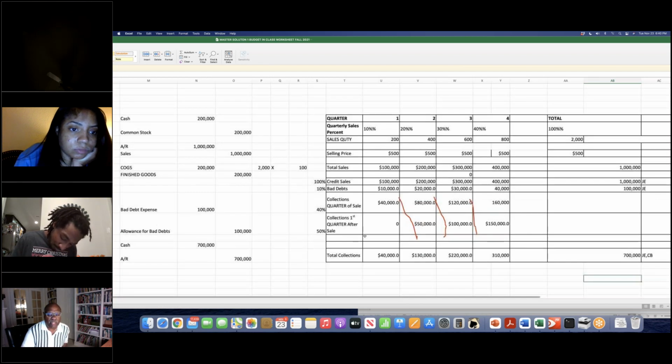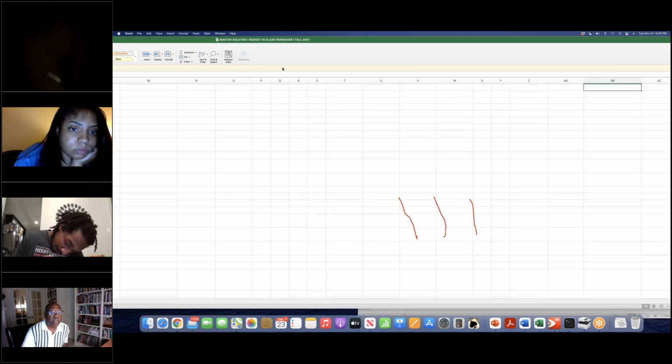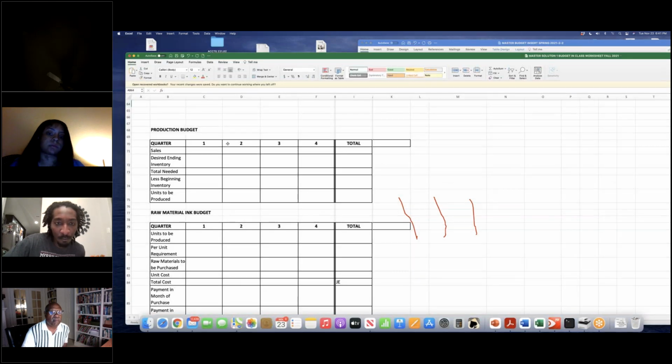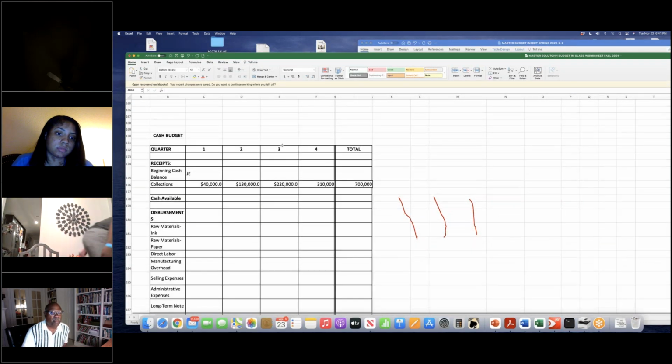And the other thing you do is you take these collections and you're going to put them on the cash budget. See if I can get over to the cash budget. The cash budget is where we determine whether or not we need to borrow money or not.